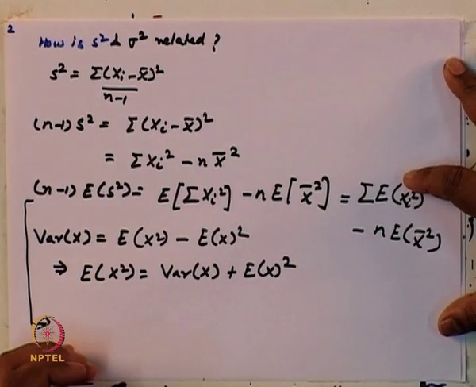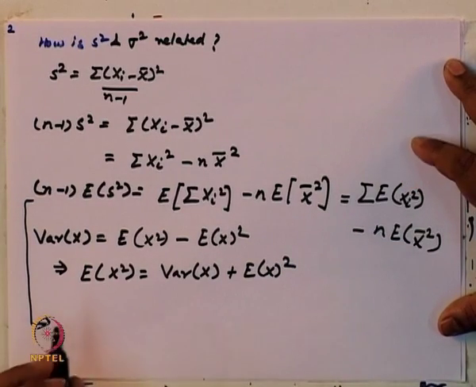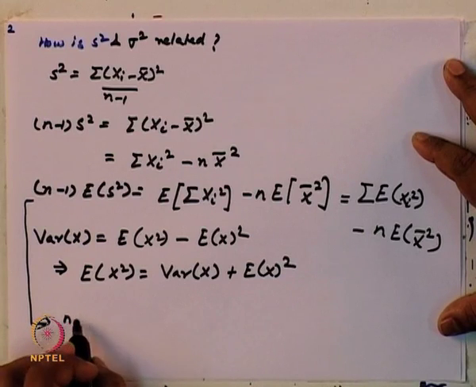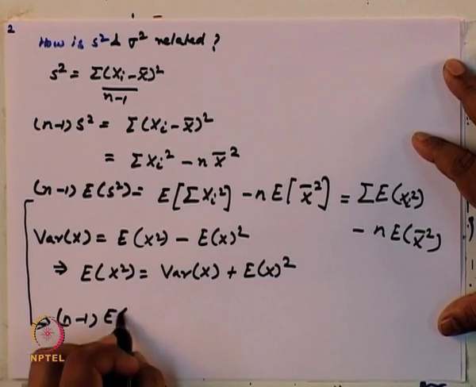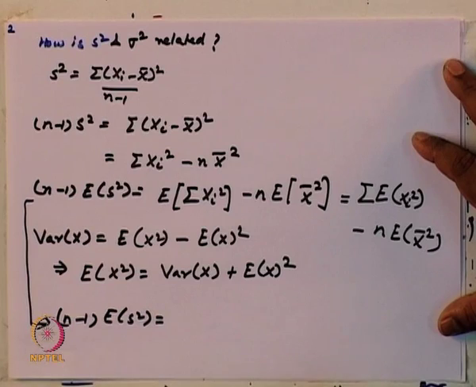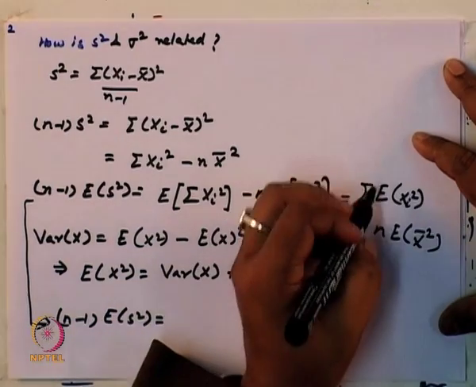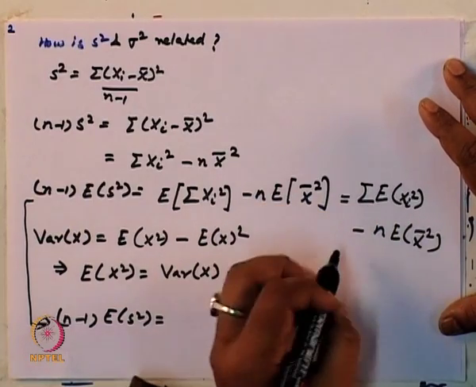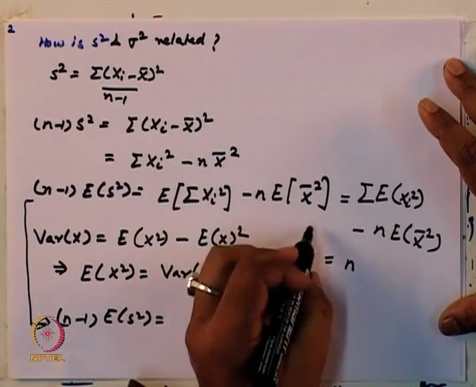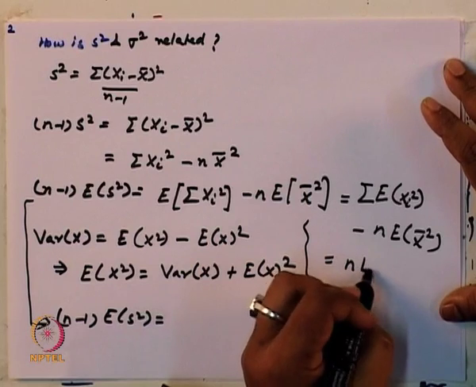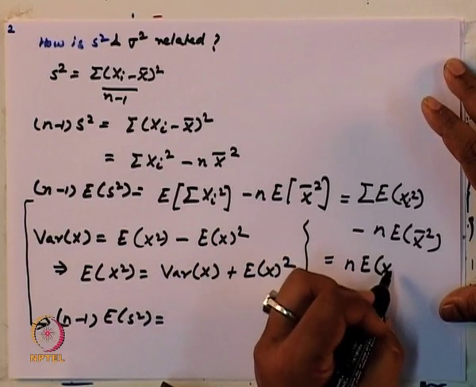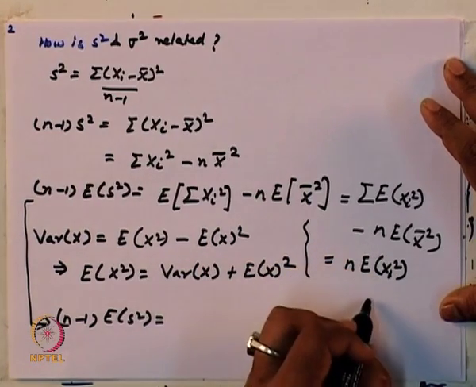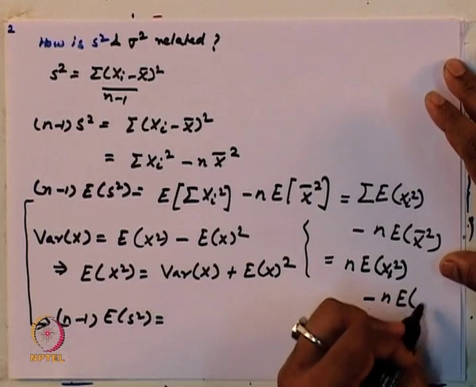So n minus 1 times the expectation of S square is equal to, since each x_i has the same mean, n times the expectation of x1 square minus n times the expectation of x bar square.